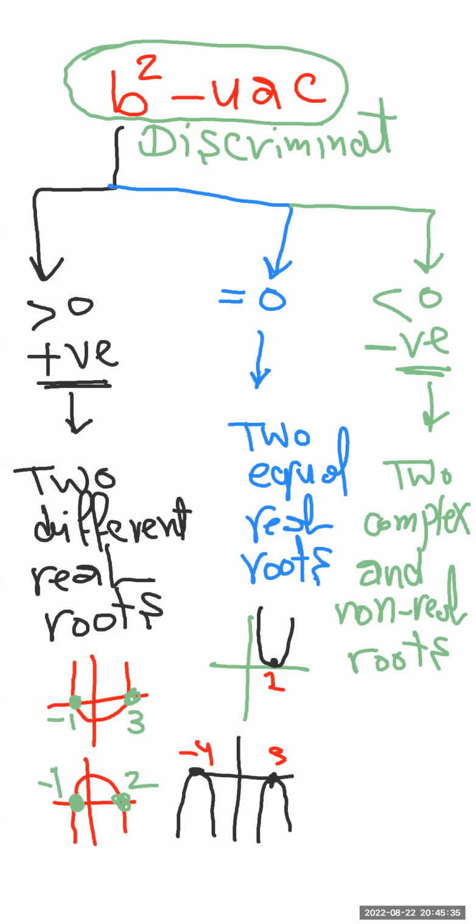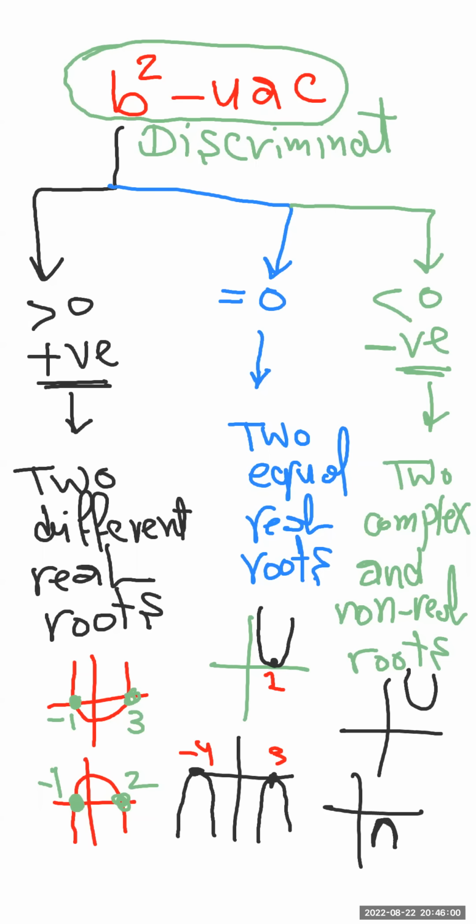Okay. Third case, complex roots and non-real. Non-real means there is no intersection with the x-axis. This means like that, on the xy plane, there is no intersection with the x-axis, like this or like this one. Oh no, there is an intersection here. We have to draw it like this.